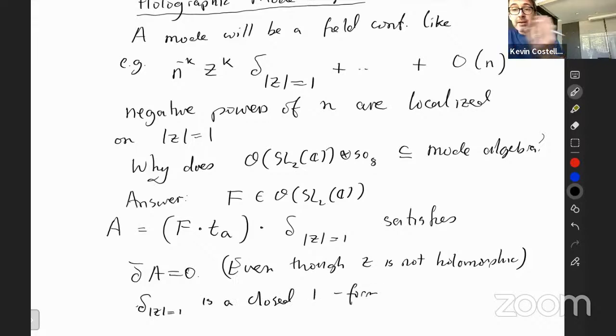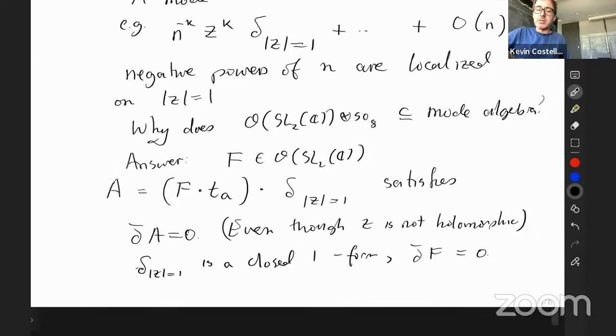The delta function, any 5 cycle is a closed one form, and d bar f is 0, because it's a holomorphic function. So in this way, we see that this global symmetry algebra really lives inside the modes of our chiral algebra.